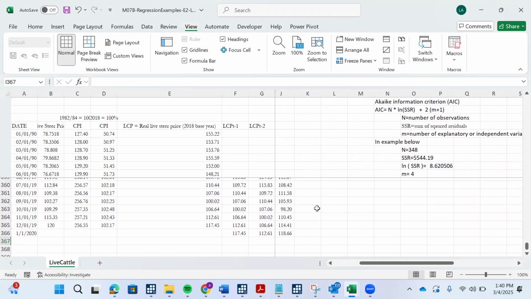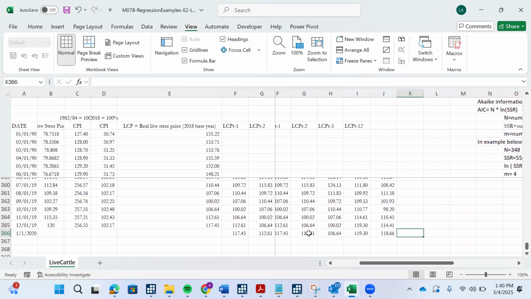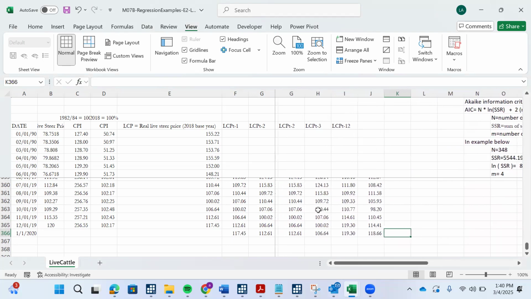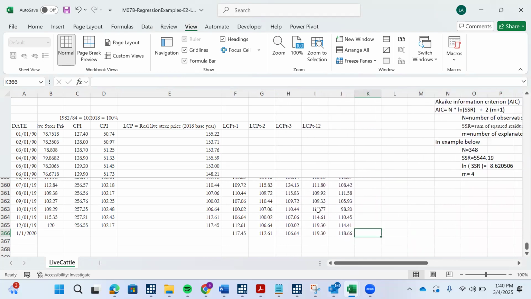Did I go one too far? Nope, it just auto-filled down here.